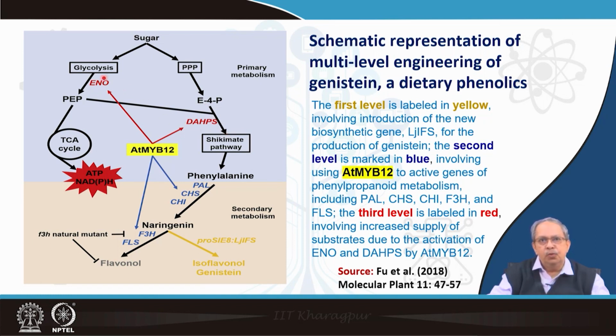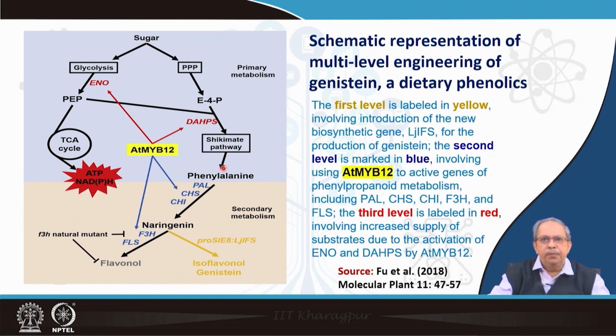So, these two enzymes, enolase and DAHP synthase, are also being upregulated by the MYB transcription factor. That means this second level of upregulation by expressing a transcription factor can indeed modulate both the junction of primary and specialized metabolism and also the upstream specialized metabolism.